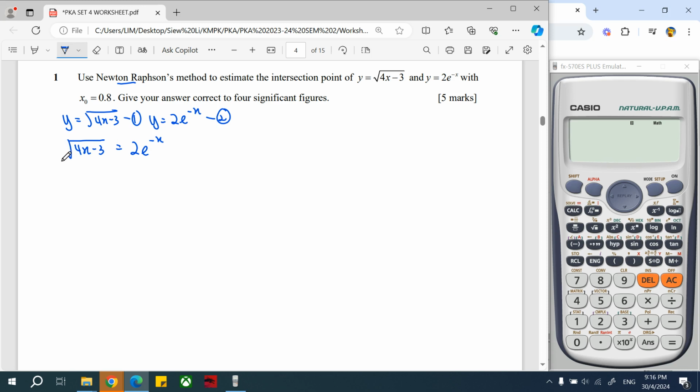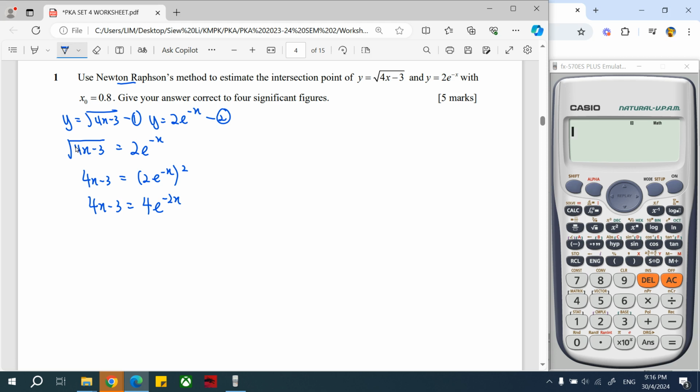Therefore, we need to simplify it one by one, where for this square root, we need to remove it. When we remove it, it will be 2e to the negative x, squared. When we simplify that, it will be 2 to the power of 2 is 4, e, then power times power, it will be negative 2x.